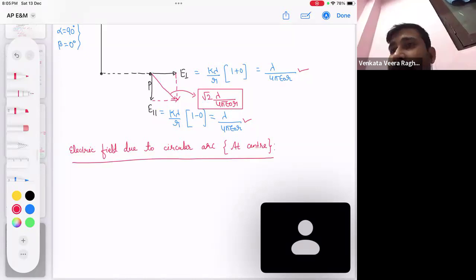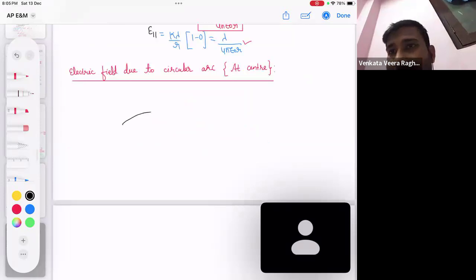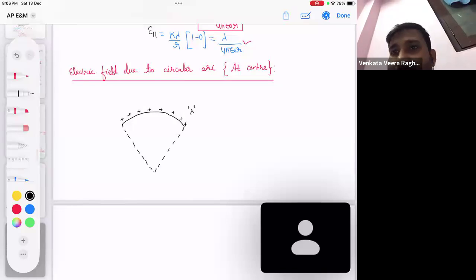So let's say there is a circular arc here, having uniform distribution of charge. Let's say that charge distribution is lambda. And this arc is making some angle here, and the radius of the circular arc is r.